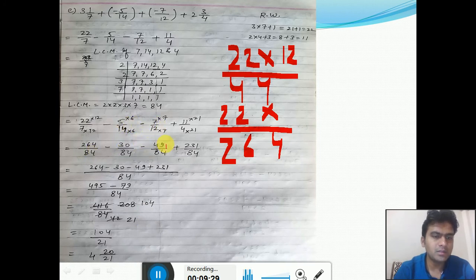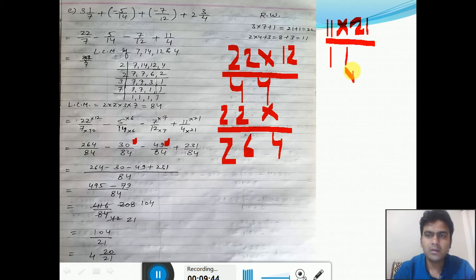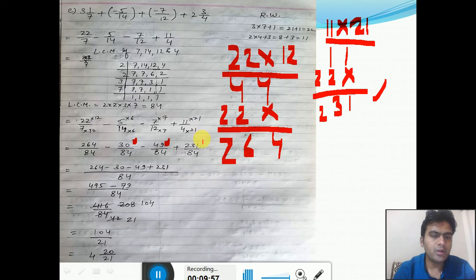So we have written 49 here and 30 here. Now multiply 11 and 21. If you know the table of 11, you can directly do 11 and 21. So 231. So 11 and 21 equals 231.